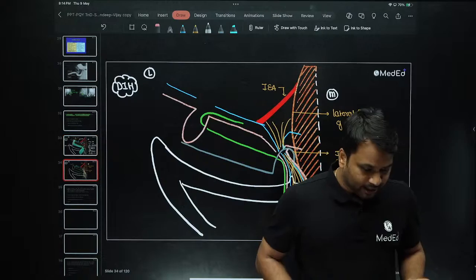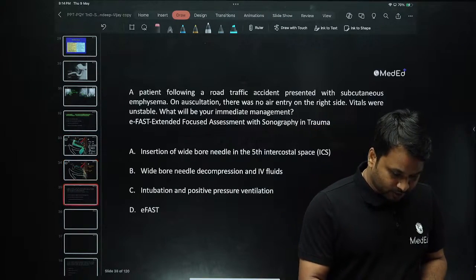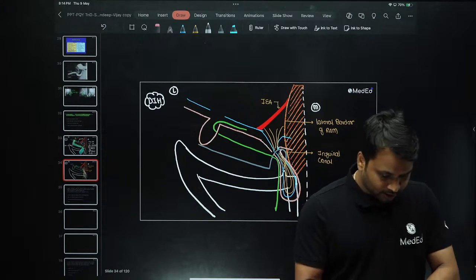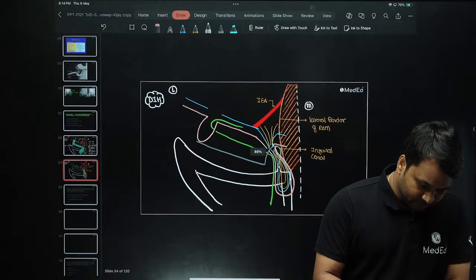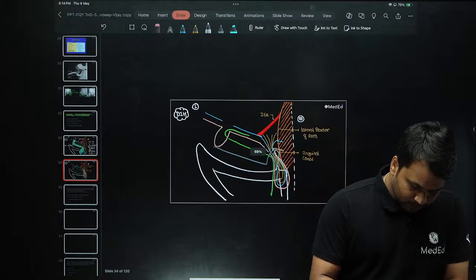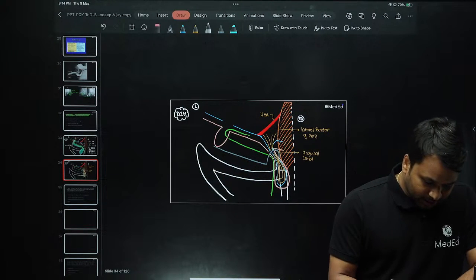Now, if you look at this in the direct inguinal hernia, okay? So in the direct inguinal hernia, same thing.